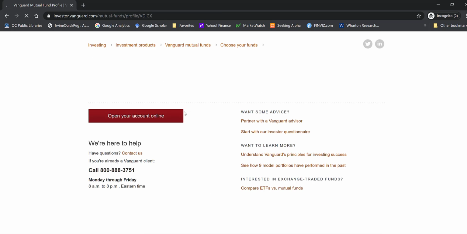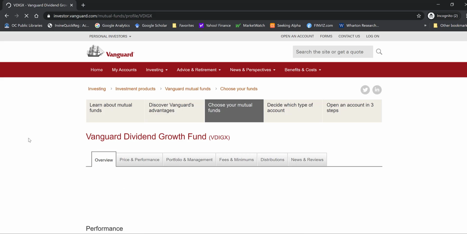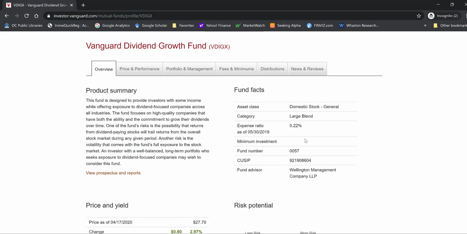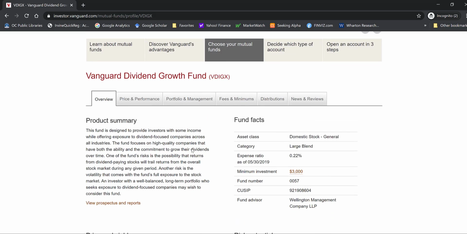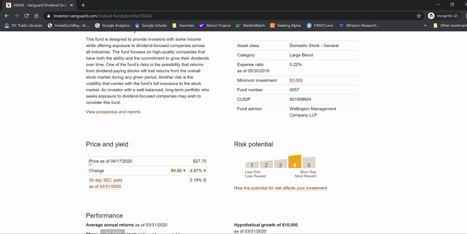All right, this is a stock fund, and here on the website for that particular fund, you can see the price as of 4/17, right? $27.70. So that is the net asset value of the Vanguard fund. So after the close of trading on April 17th, the NAV is updated.